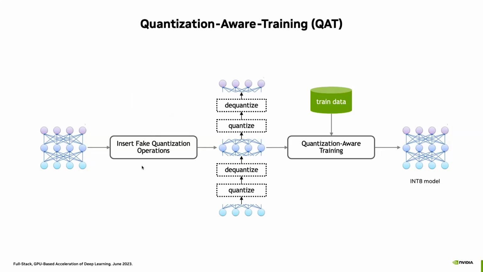The idea behind this is that if we introduce the quantization error during the training process, then the model tends to adapt better to the quantized data. So what we can do here is to insert some fake quantization nodes.